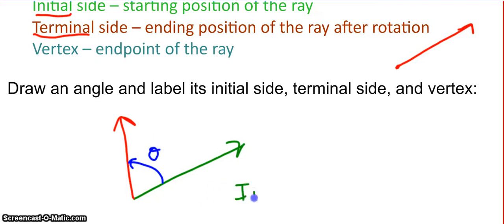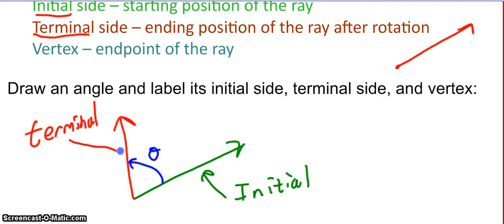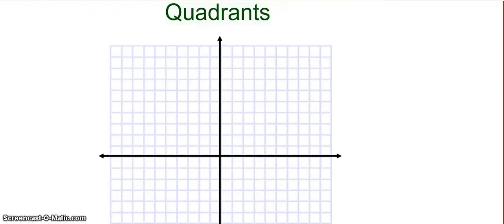So this is initial, this is terminal, and then the vertex would be this point right here. So that's just an angle, right? And these are the important parts of an angle that we need to understand. The initial side, the terminal side, the vertex. The direction of the rotation is going to be important here in a little bit when we talk about the standard position of an angle.